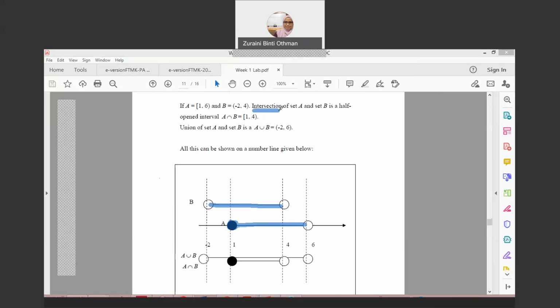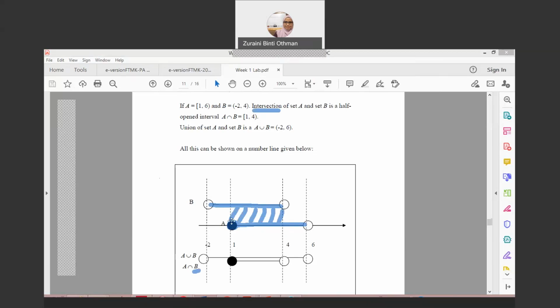Okay, the intersection here between A and B, intersection ialah yang bertindih. Yang bertindih dekat sini ialah di antara 1 dan 4 saja.